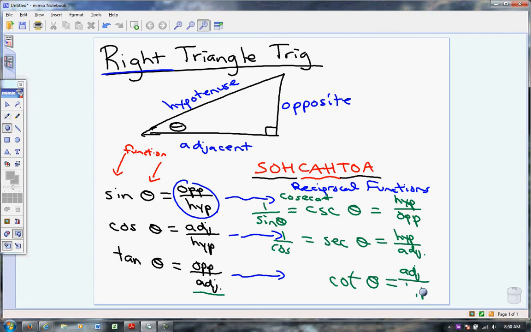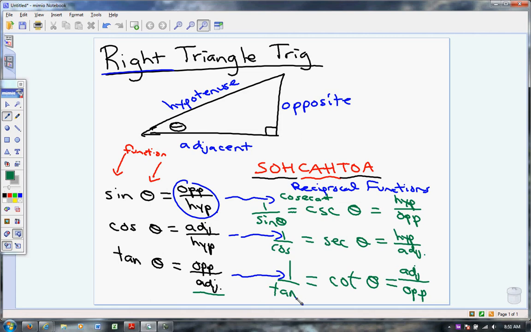I don't know why I wrote hypotenuse. Instead of opposite over adjacent, it's adjacent over opposite. And cotangent is the same thing as 1 over tangent. Those are what we call the 6 fundamental trig functions.